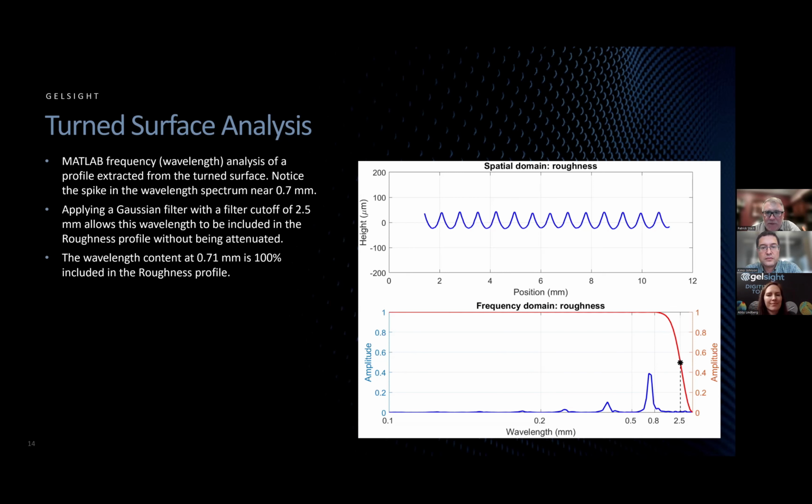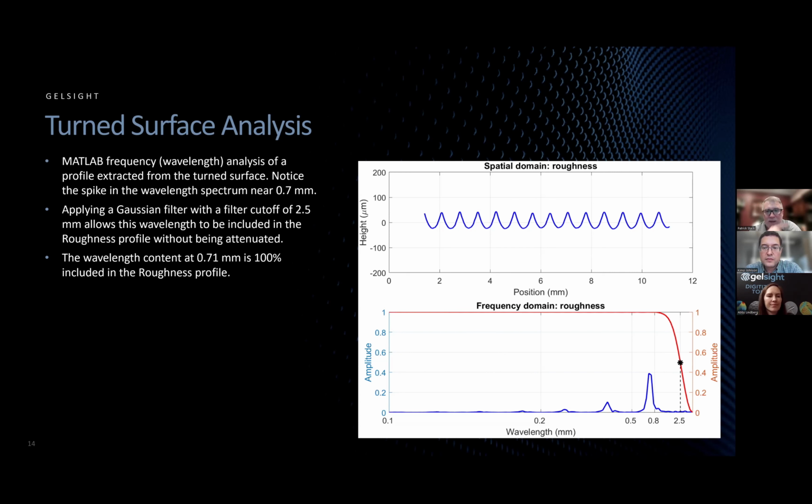The top profile is the roughness profile, so it's had all the wavelengths removed from the primary profile. In this case, the cutoff is 2.5 millimeters. The reason we chose 2.5 is because there's that spike at 0.7 millimeters.